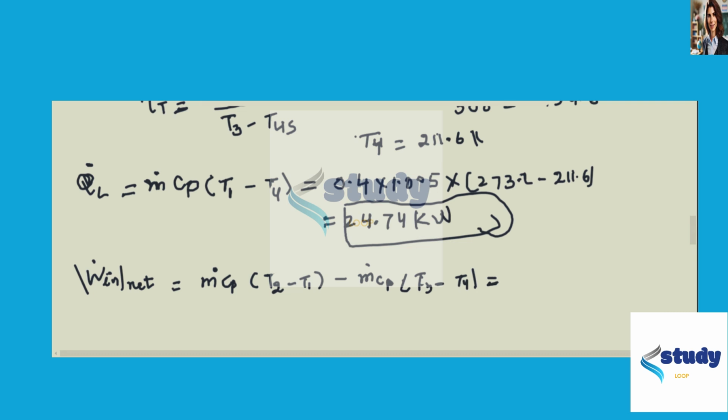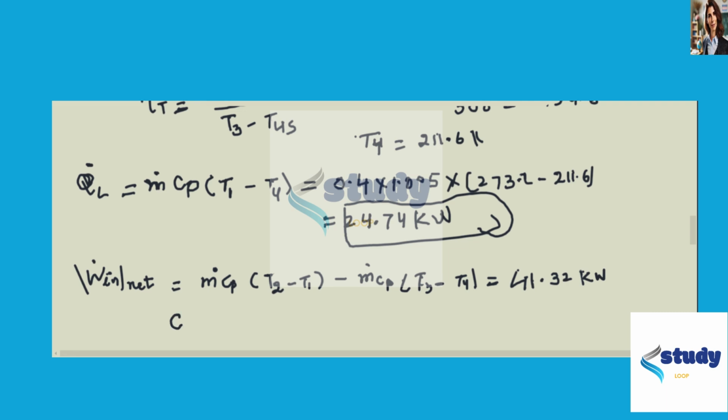You know all the parameters. After substituting the value, you will get 41.32 kilowatt. I have not shown here the calculation, that easily you can do it. All the parameters are given above, just you have to substitute it and you will get.